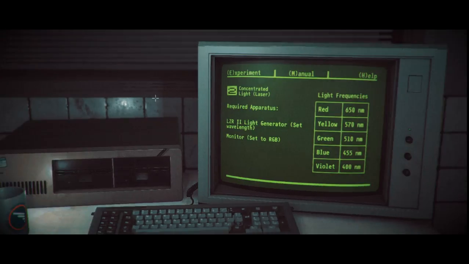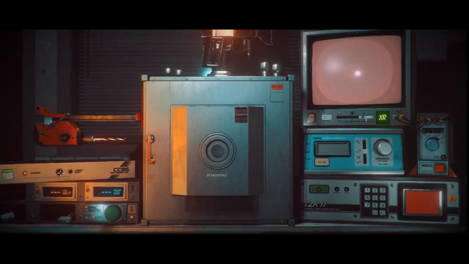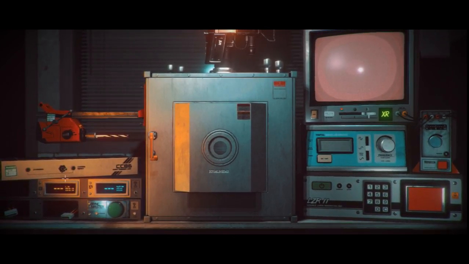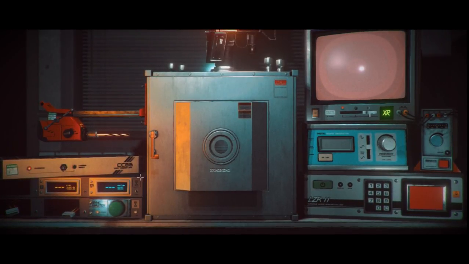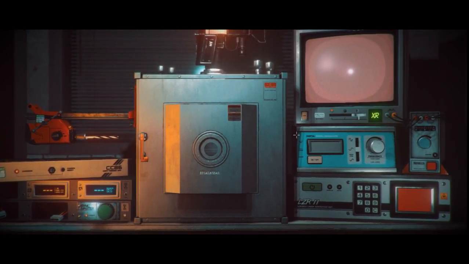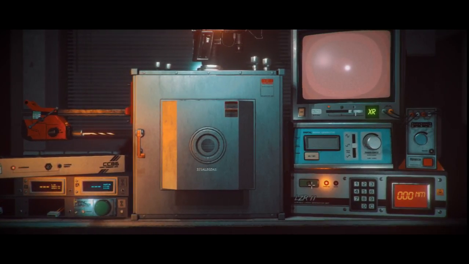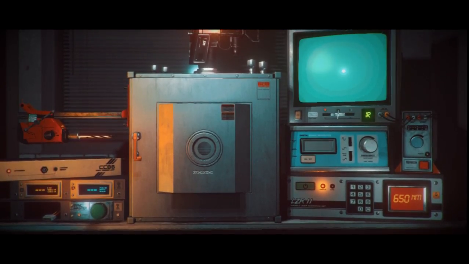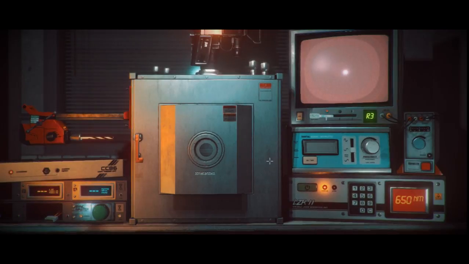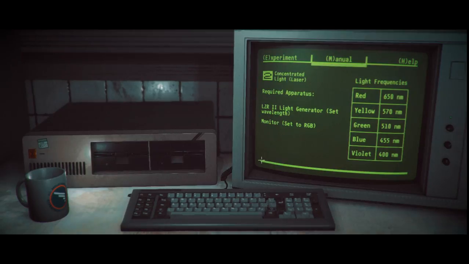And red's at 650. Nope, we want that off. Monitor must be set to red, green, blue.